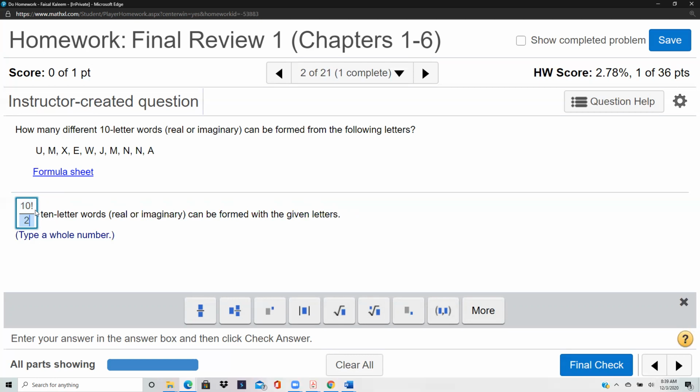So 2 factorial for the M being repeated twice, and then another 2 factorial for the N being repeated twice. So if something was occurring 3 times, then you would write 3 factorial for that. And 4 times you would write 4 factorial. Basically you look at each repetition and write the corresponding factorial for that in the denominator.